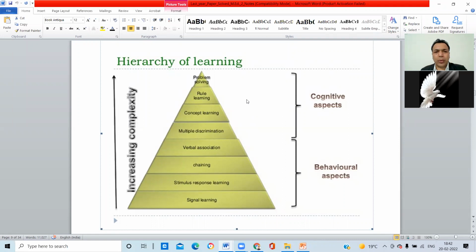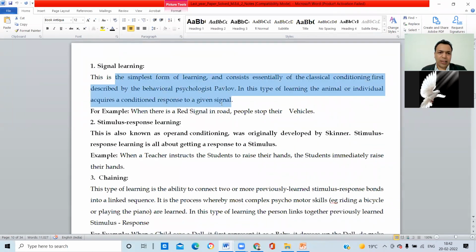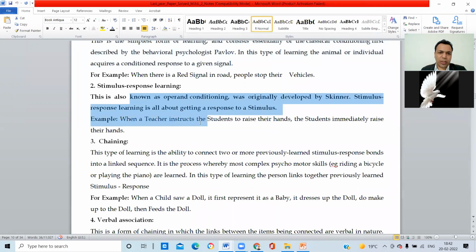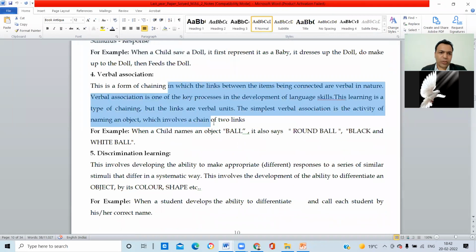So in these questions you have to talk about all the 8 types of the hierarchy which was given by Gagne, right? One is signal learning. Then you have to explain stimulus response learning, chain learning, verbal association.